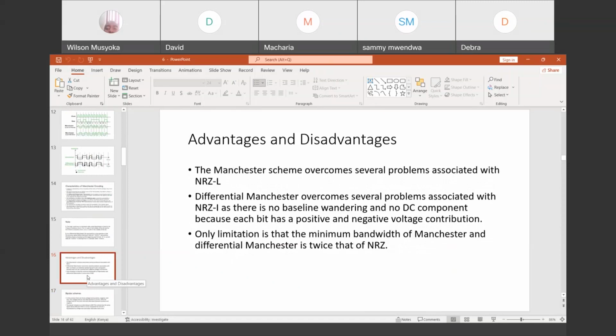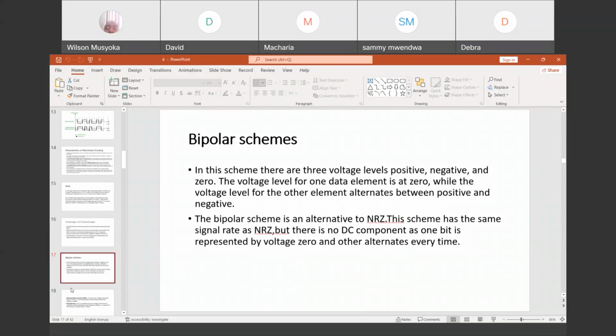The Manchester scheme overcomes several problems associated with non-return to zero and non-return to zero inverted. The only limitation with Manchester is that it uses a lot of bandwidth. But then we also have some other schemes. We have what we call the bipolar schemes, which have three levels: the positive, the negative, and the zero.